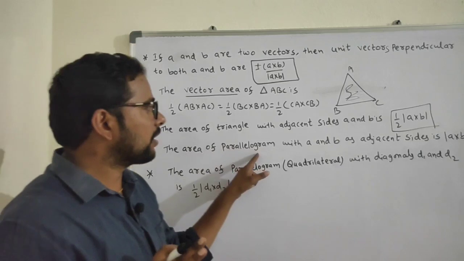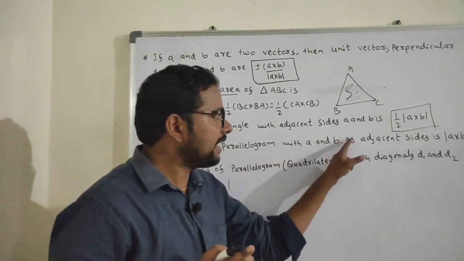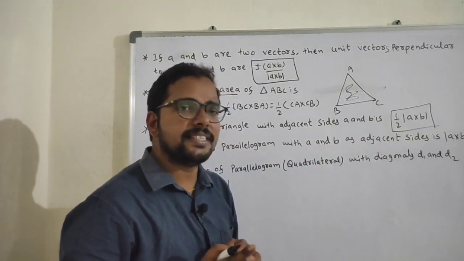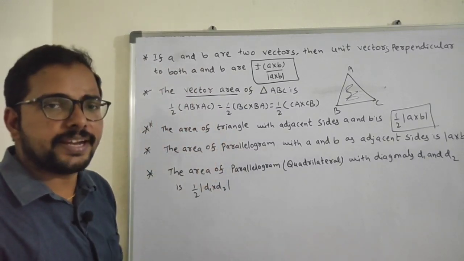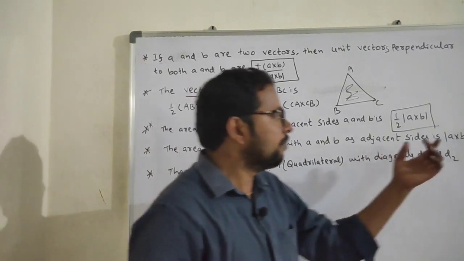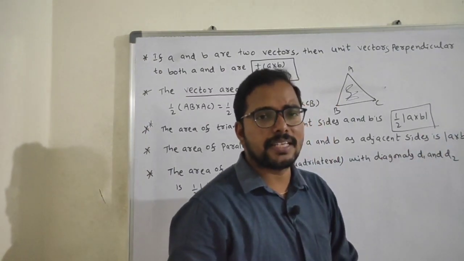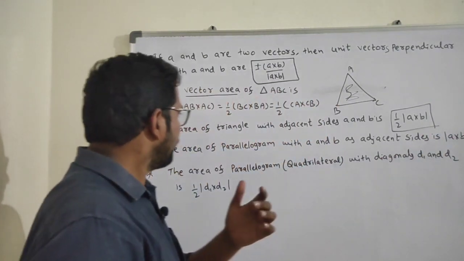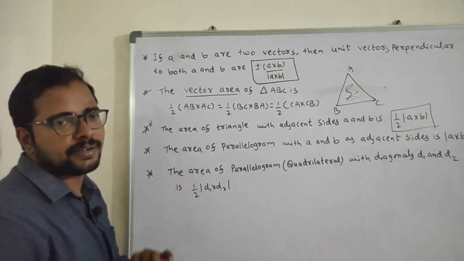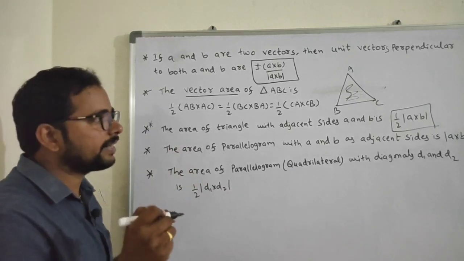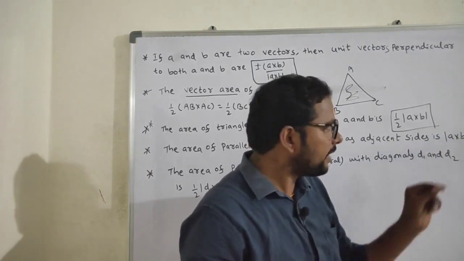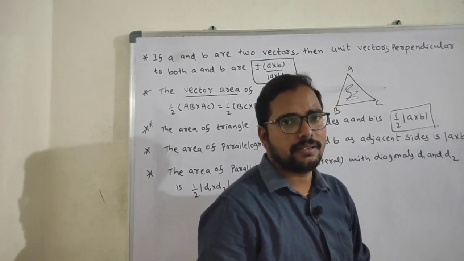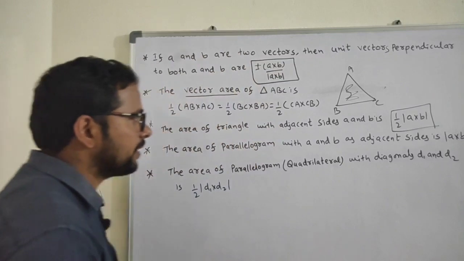The area of a parallelogram with A and B as adjacent sides is modulus A cross B. This is the area of a parallelogram. If asked to find the vector area of a parallelogram, just find A cross B. Area means modulus A cross B. Okay?